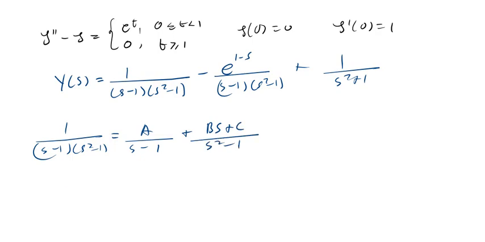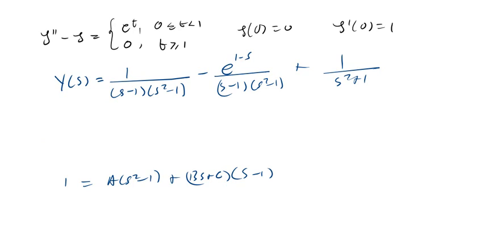So that would be 1 is equal to a(s squared minus 1) plus (bs plus c)(s minus 1), like that. Then this would be 1 is equal to as squared minus a plus bs squared minus bs plus cs minus c.